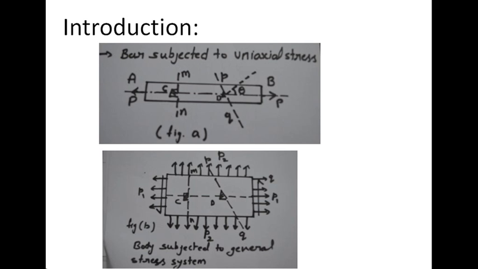Generally all three types of stresses, tension, compression and shear, may act simultaneously on an appropriate plane passing through a point in the strained material. We will also analyze such a general stress system and find the resultant stress on a critical inclined plane, which may carry greater stresses than the applied ones.